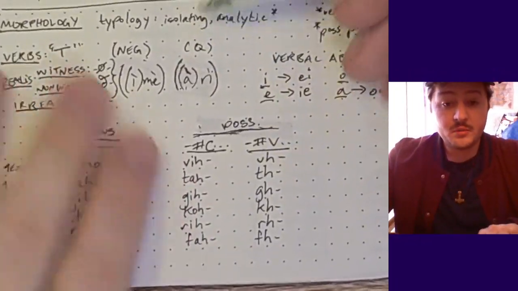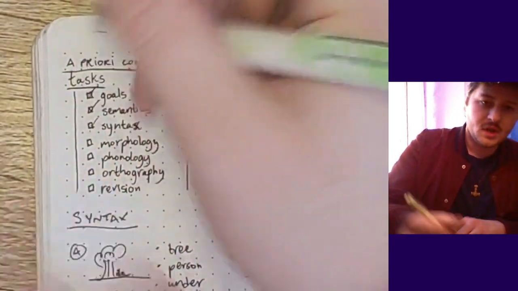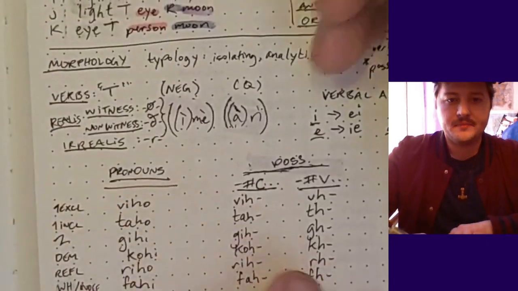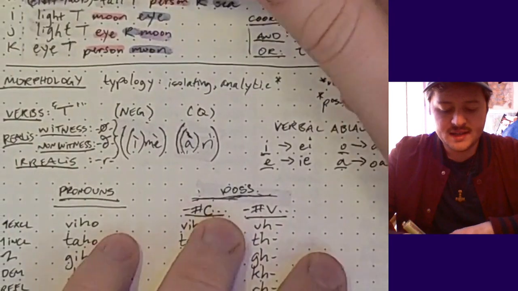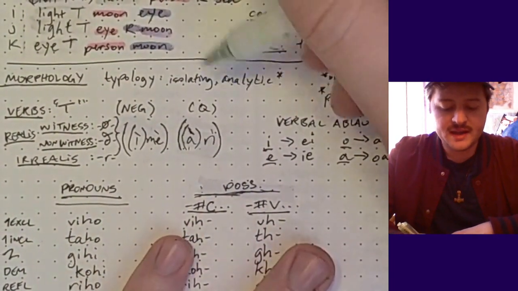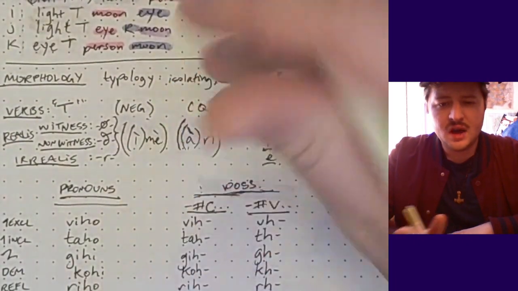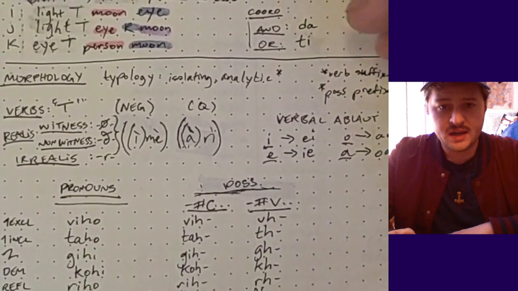Now, for the morphology, I should cross off syntax. For the morphology, as I said, I wanted it to be pretty open parts of speech. I want it to be very isolating and analytic, so there's not a ton of verb conjugation, noun declension, anything like that.